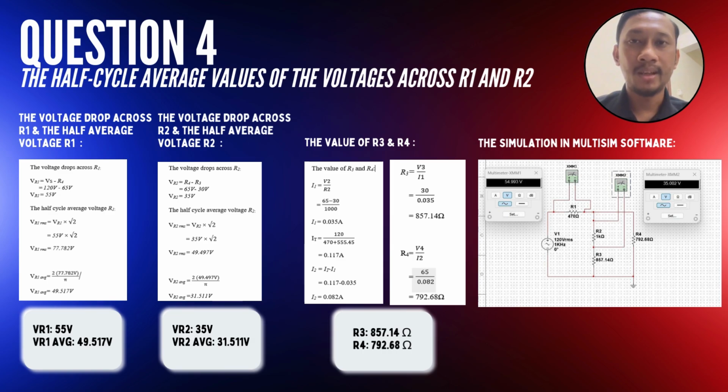In summary, we have successfully determined the half cycle average voltage across resistances R1 and R2 in the given circuit. This analysis provides valuable insight into the behavior of the circuit under AC excitation.